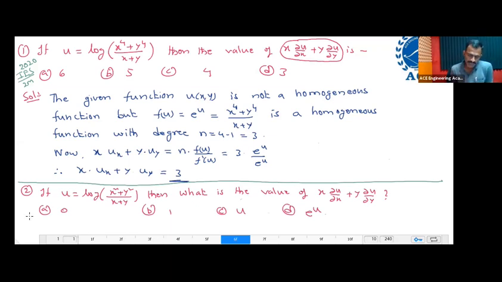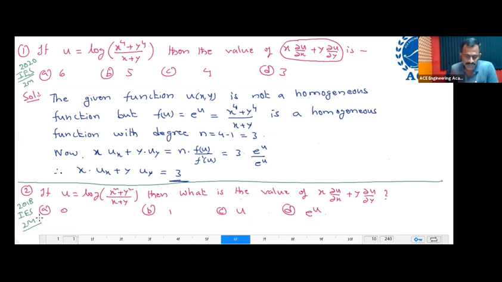Now we can tell the answer for this. It is also an IES question, 2018 IES question. But both are similar problems only. Both are transcendental functions, both are log functions, and we are asked to find the same result, x ux plus y uy only.